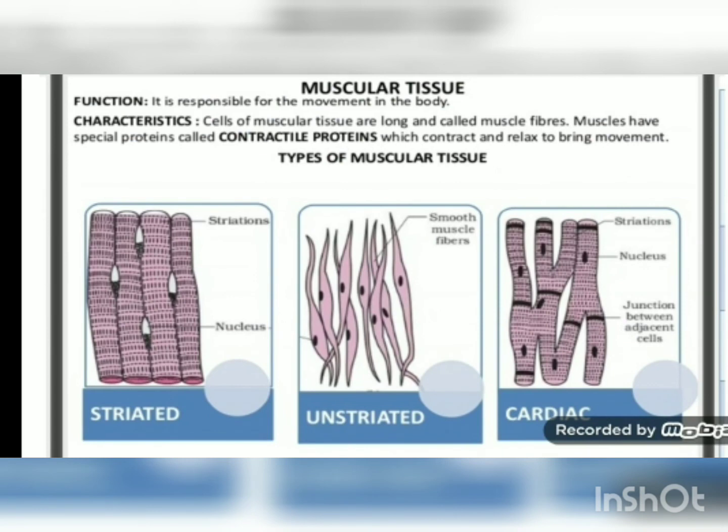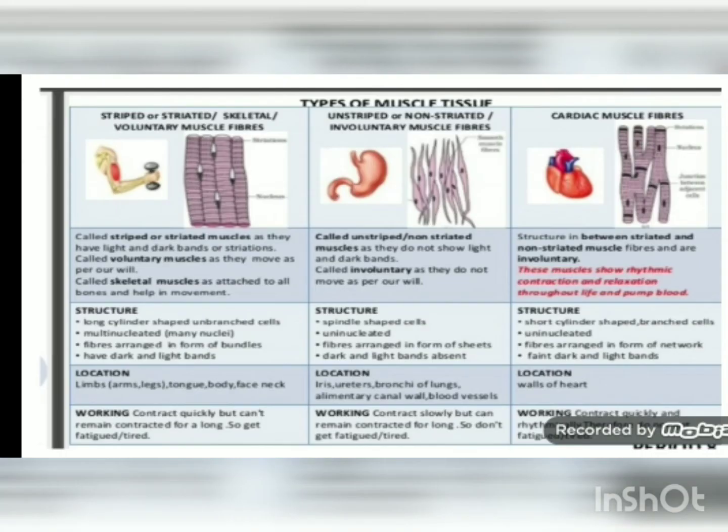The structure, you can see in this figure: unstriated muscle cells are long with pointed ends, and each has only one nucleus, and they are not branched. So you can say the cells of smooth muscle fiber are elongated, spindle-shaped, possess only one nucleus, and are unbranched.